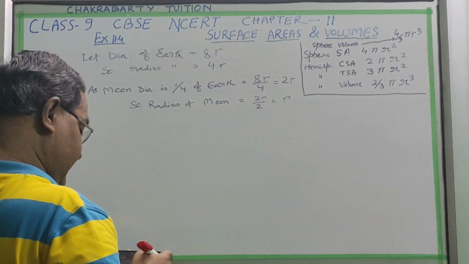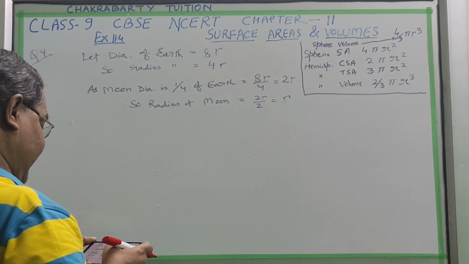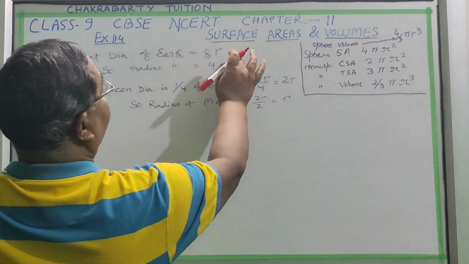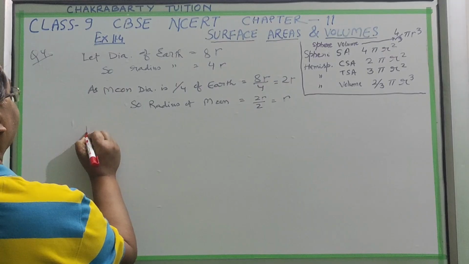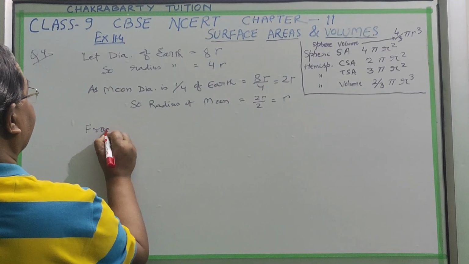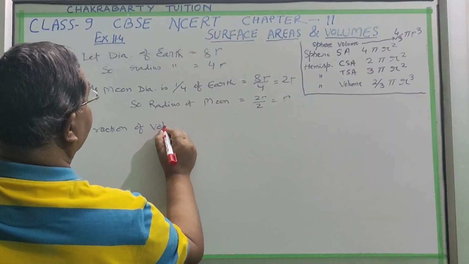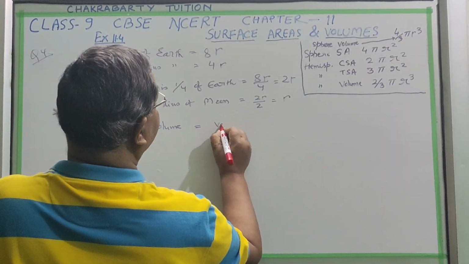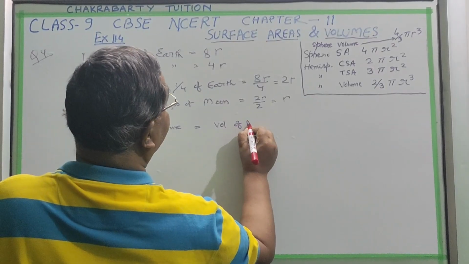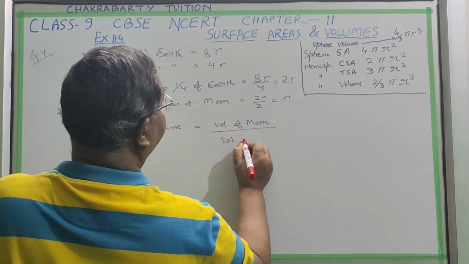What fraction of the volume means volume of moon and volume of earth, we have to find the fraction. So fraction of volume is equal to volume of moon upon volume of earth.